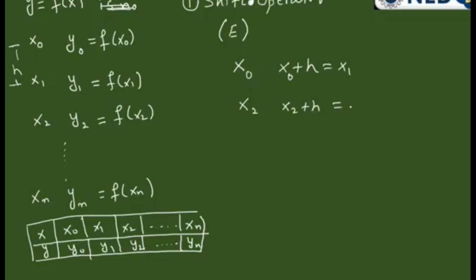So what does the shift operator have to do with these values? Student, I hope you have noted that in the example I have given here, I have dealt with the independent variable, that is the x variable. Here you cannot find anything related to the dependent variable. So what does the shift operator do? The shift operator is an operator, so it applies on a function.